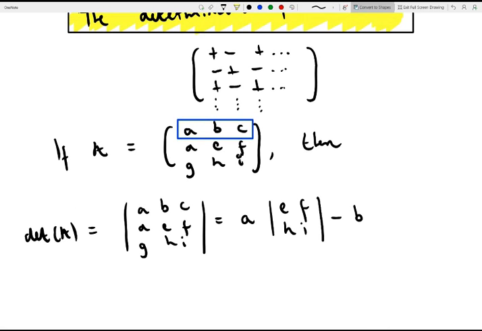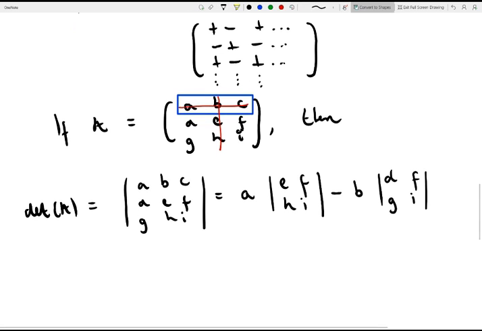It was plus, then minus, then plus, and so on. So it's minus B, and then we remove the row and column which B are in, and we're left with the minor D, F, G, and I.